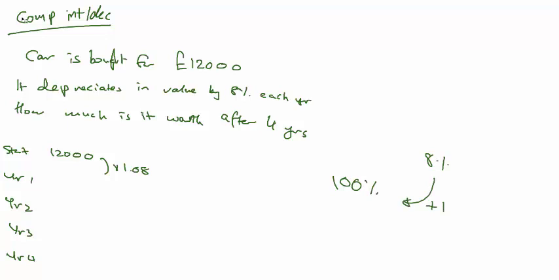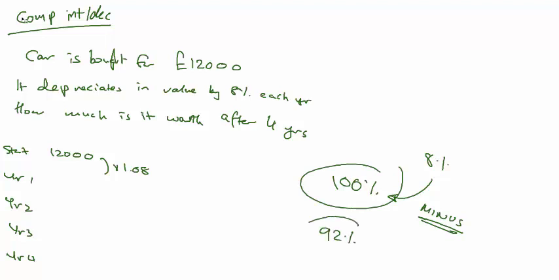That's why we get 108%, and then we turn that into a decimal. The only thing that is different here is we still want to find 8%, but we then want to minus it. So if we start with 100% and take 8% away, we're left with 92%, which as a decimal is 0.92.